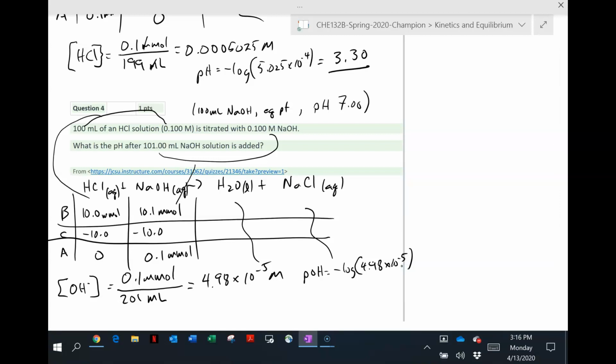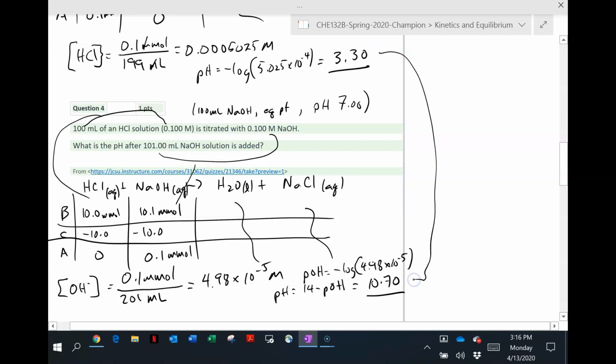To get the pH, I'm going to take 14 and subtract the pOH from it. And that gets me basically 10.70. So in the space of 2 milliliters there, the pH jumps from 3.3 to 10.70.